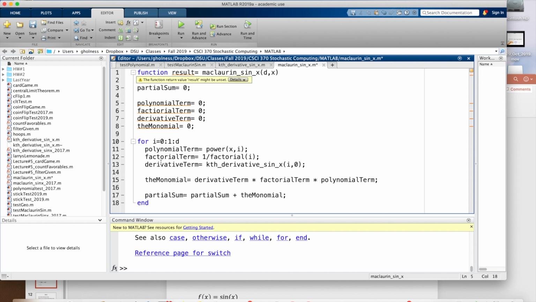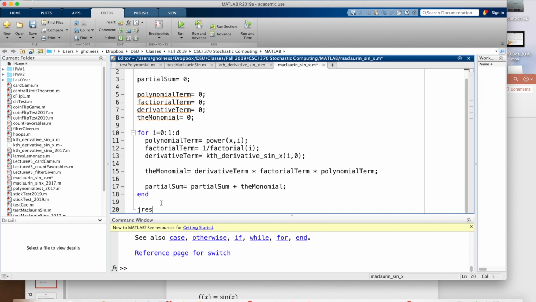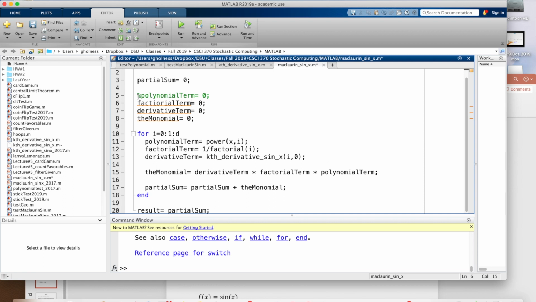So result. Okay, yep, sorry, I forgot that. All right, so now result equals partial sum. There we go. Forgot the return. Okay. It doesn't like me doing these. All right, fine. Just get rid of the warning.